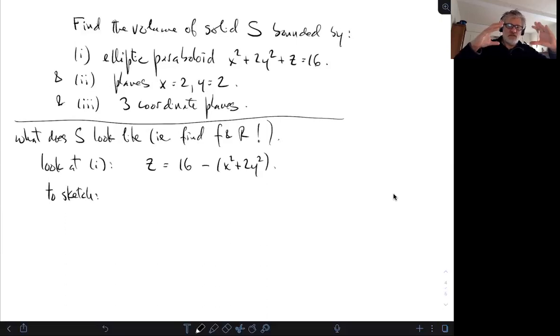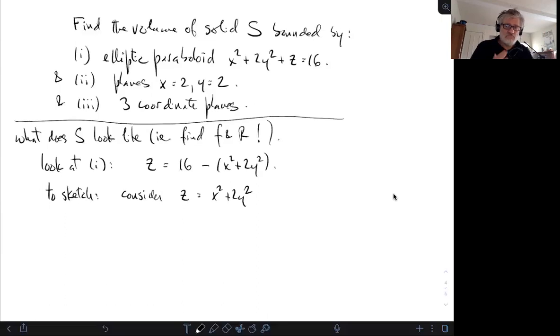What does a minus sign do? It flips your graph up and down. So consider z equals x squared plus 2y squared, the inside part of my bracket, which is multiplied by minus 1.